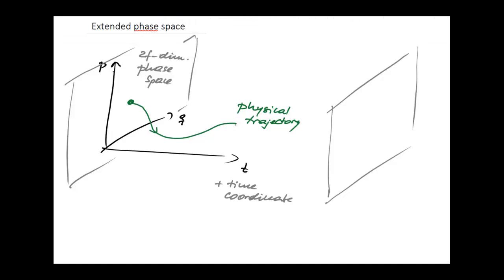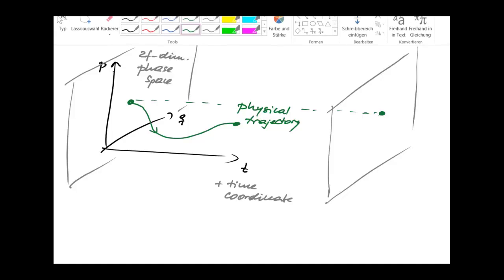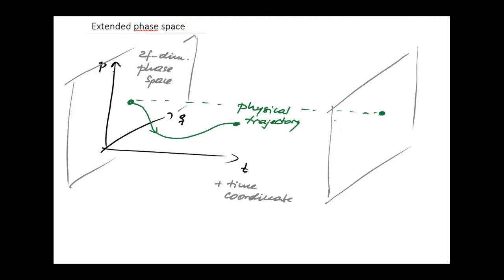So we could say that initially the system was here in ordinary phase space. So this is again Q and P. And then at the end, the final time, let's say the system is here, and in between there is some motion.